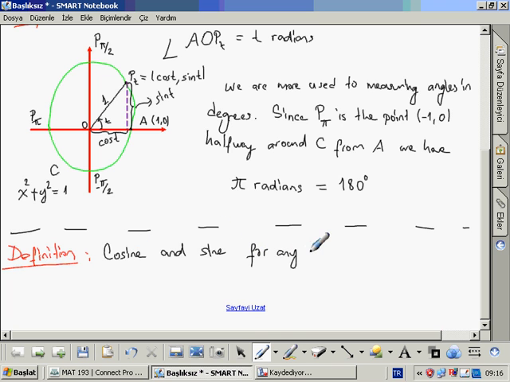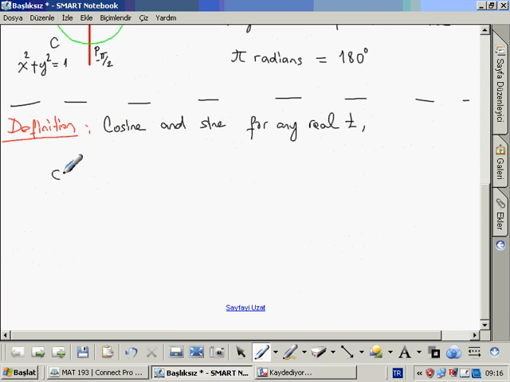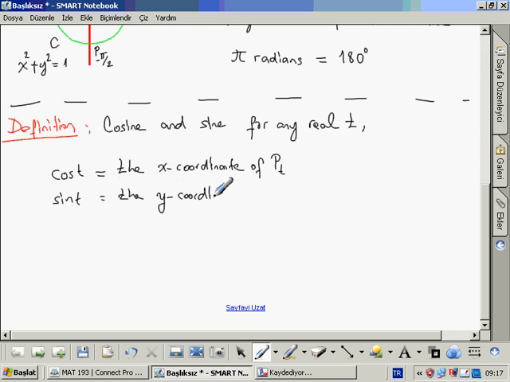For any real angle t, cosine t equals the x coordinate of the point P sub t, as you see above, and sine t equals the y coordinate of the point P sub t.